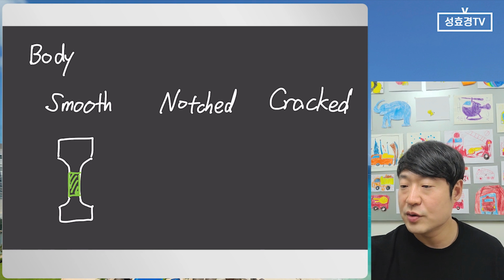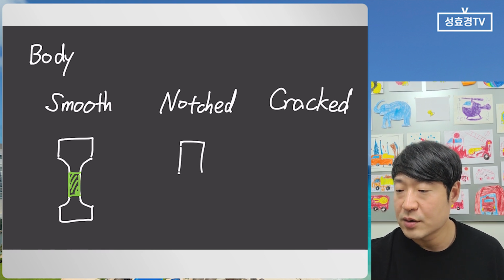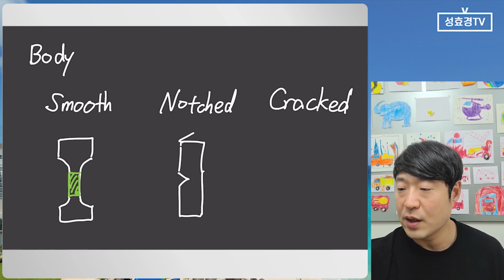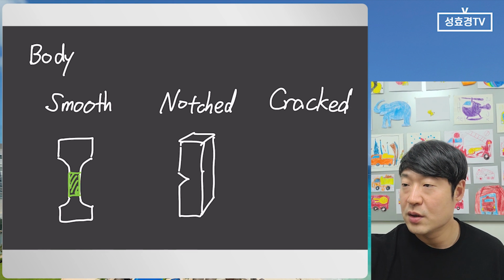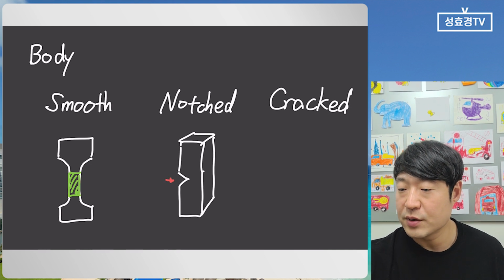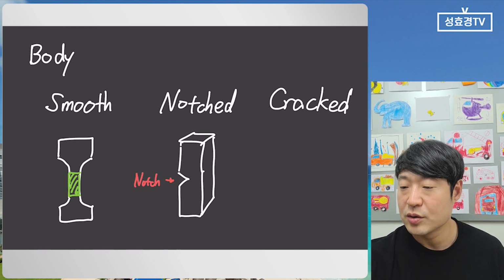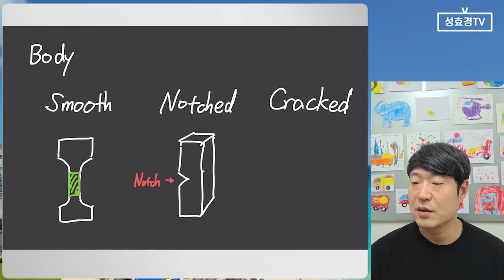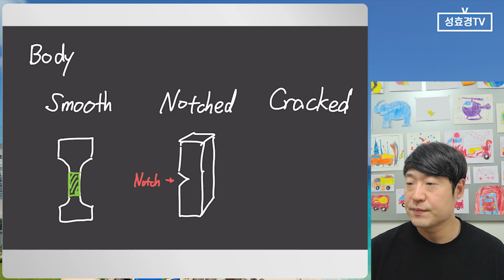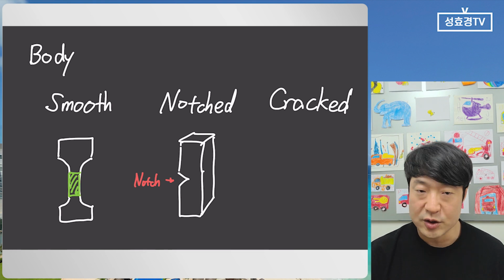A notched body is usually for the Charpy or the Izod test. This part we can call the notch. So it's easy to understand. It's just a brief case of the toughness, not the fracture toughness, sorry.